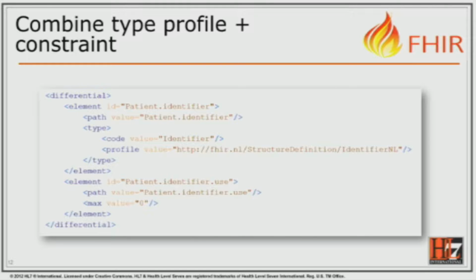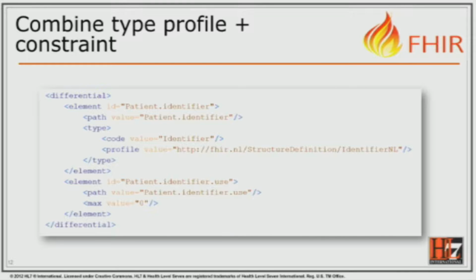Whereas if I do it this way, it's kind of a one-off. In this patient only, identifier cannot have use. So many times you will do it that way, and then say, by the way, this patient's identifier is constrained by, oh, I didn't put it in here. It's in another structure definition, and that does exactly what you were asking for. You can certainly do that, but both are possible. But if you changed identifiers, it would be for everything.